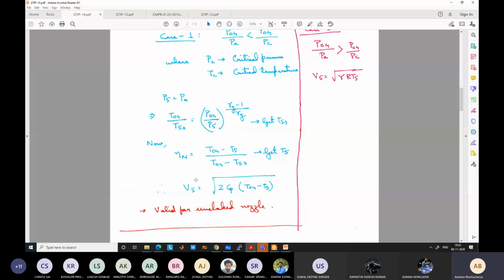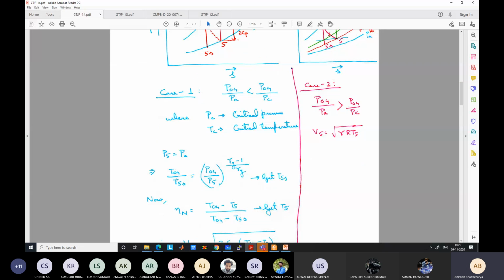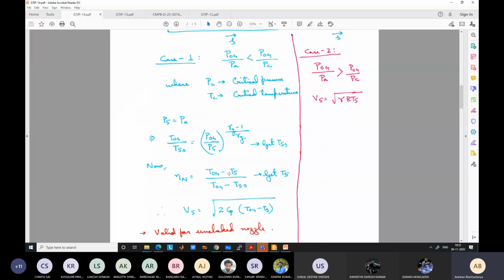Velocity is equal to the square root of 2 into Cp into T04 minus T5. This is valid for an unchoked nozzle. We have discussed this multiple times. You calculate T5s from T04 based on the pressure ratio, using the ambient pressure, then based on nozzle efficiency you calculate T5, and then the velocity.